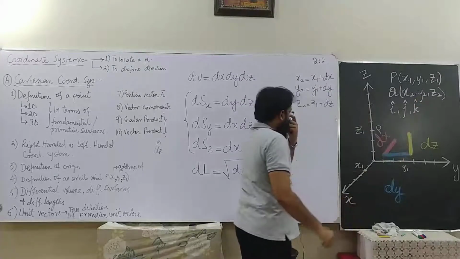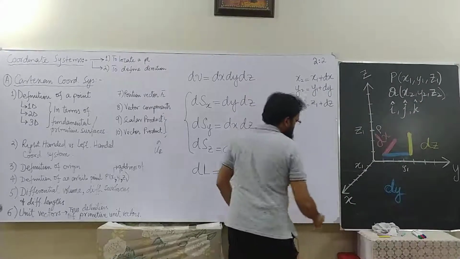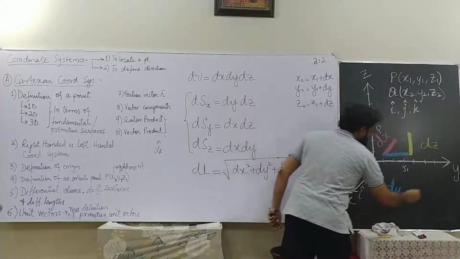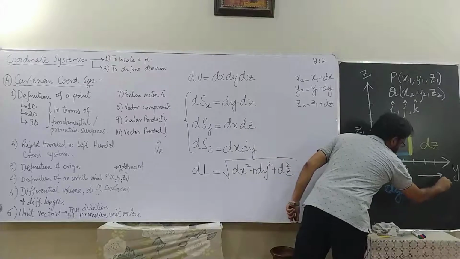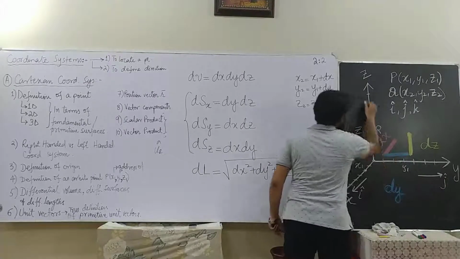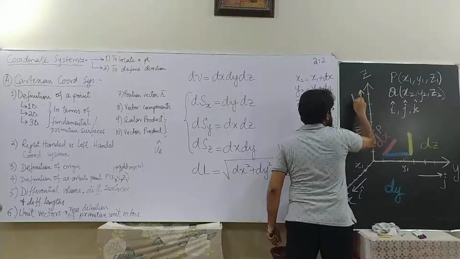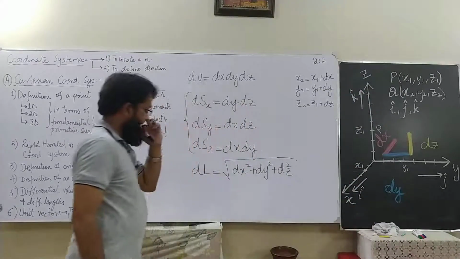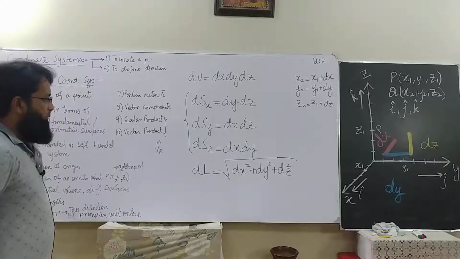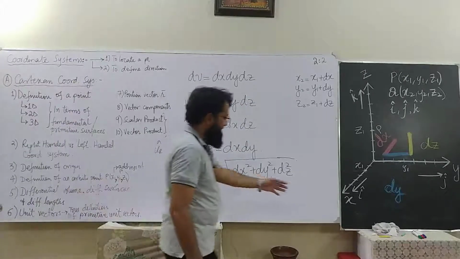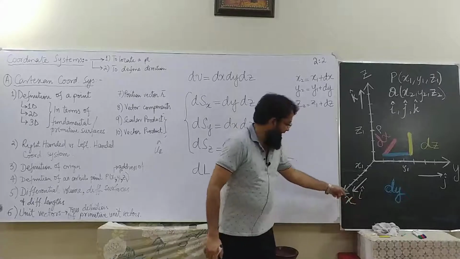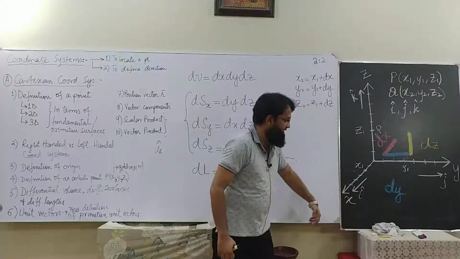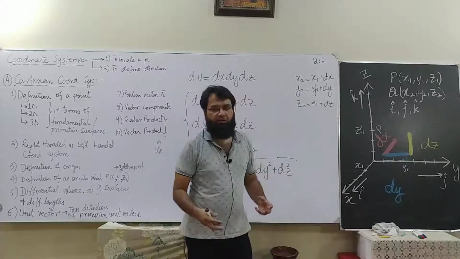And if I ask you to give me the direction of i, j, k, you will simply say this is the direction of i along x-axis, this is the direction of j along y-axis, and this is the direction of k along z-axis. But is it always the case? No, it is not always the case. The direction of i happens to be in the direction of x-axis because of certain properties of unit vectors.